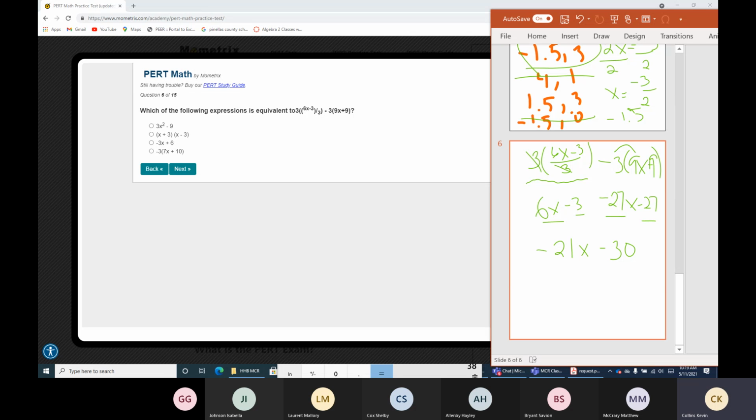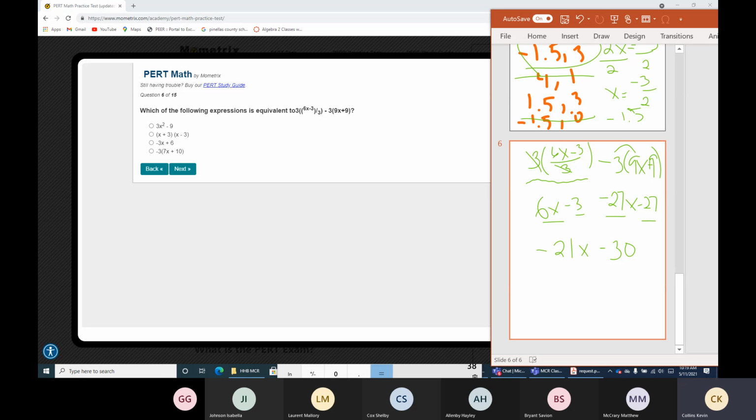Do I see anything that's close? Our answer is correct. And there is another answer on there that is the same thing. And that's what we need to figure out. So which one of the answers do you think it could be? You're going with D? I think that's a good idea.